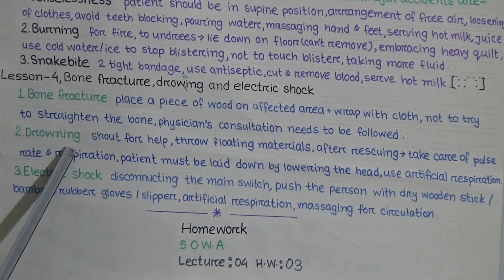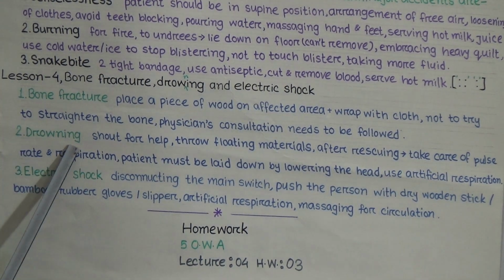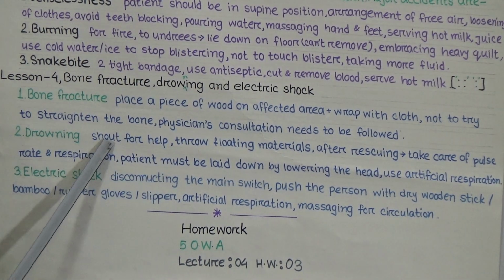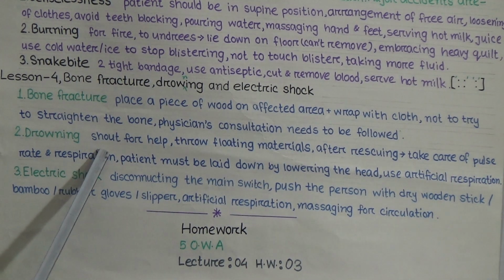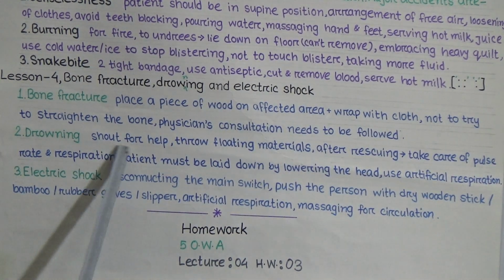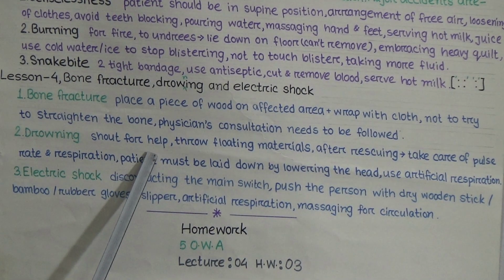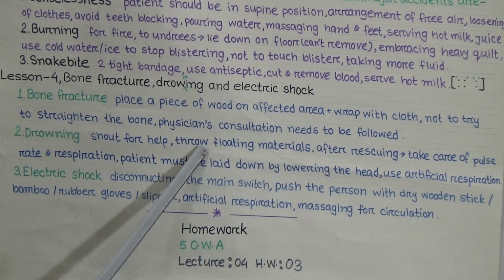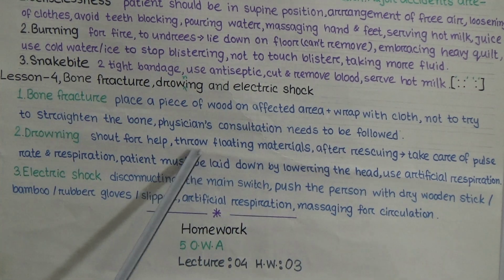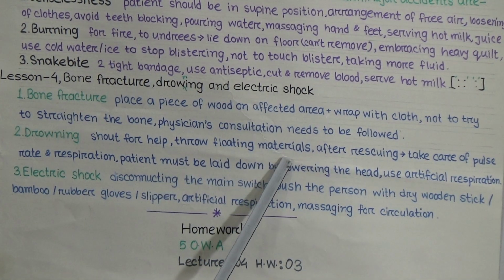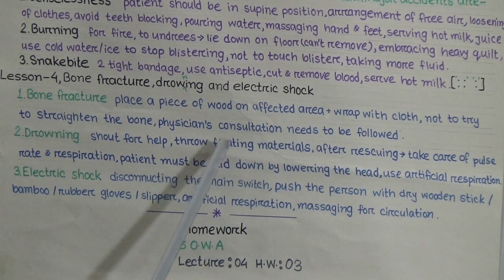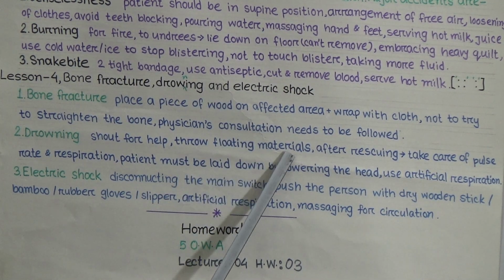Number 2, drowning. In this situation, shout for help. If you face any problem like drowning in a river or a sea, we have to shout for help. Then if anyone is near that person, throw floating materials.